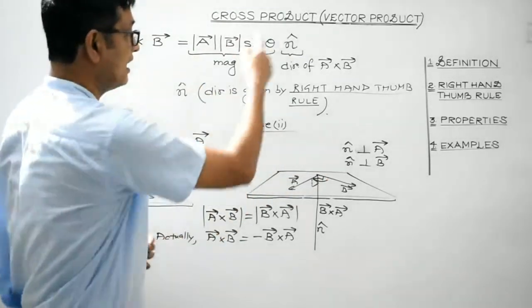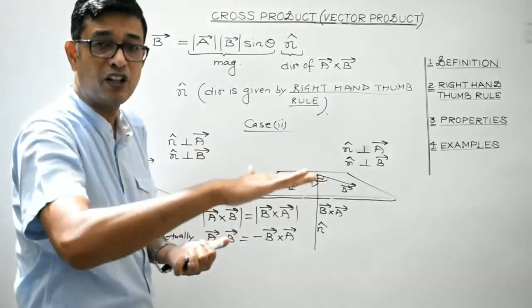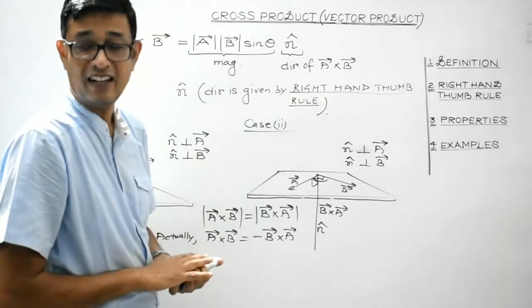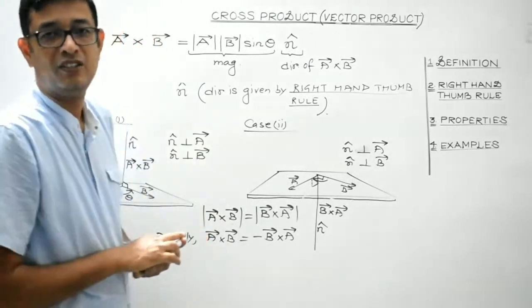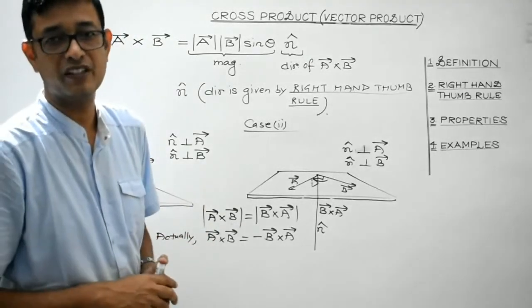Clear? And direction is given by n cap, which is perpendicular to the plane containing both the given vectors, and its direction is given by right hand thumb rule. So that's the appropriate definition of cross product of any two given vectors.